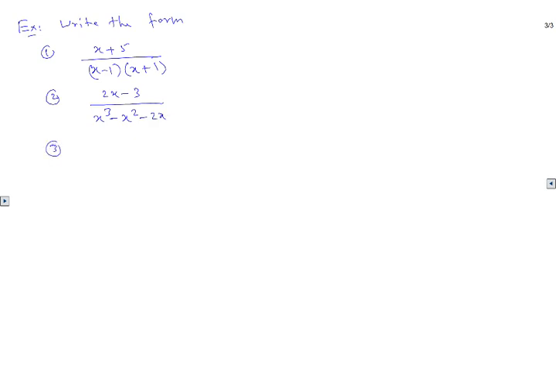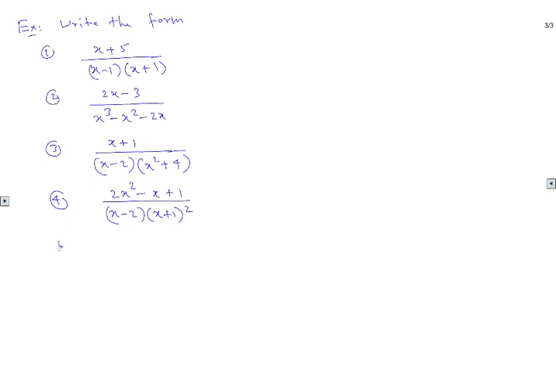Number 3, you can do x plus 1 over x minus 2 times x squared plus 4. And number 4, you can write 2x squared minus x plus 1 over x minus 2 times x plus 1 squared.